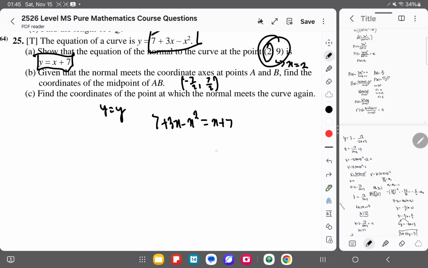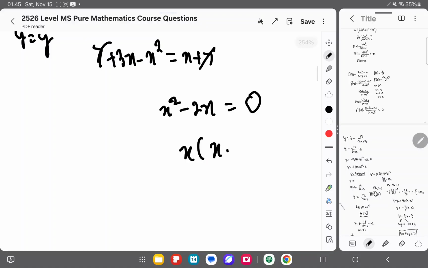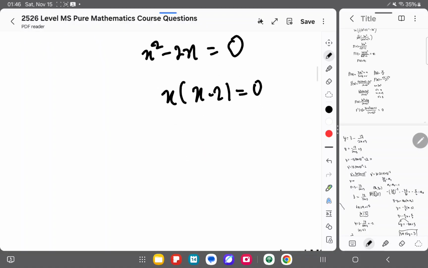So we do x squared minus 2x. Wait, these cancel. Let me rewrite this. Minus x squared minus 2x is equal to 0. x times x minus 2 equals 0. The points of intersection of the normal and the curve are x equals 0 and x equals 2.